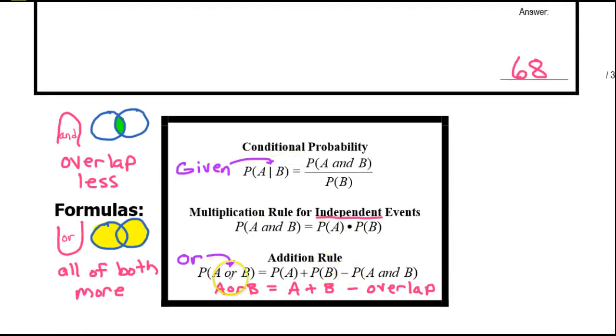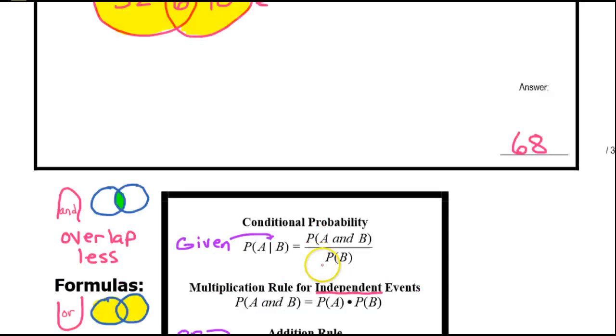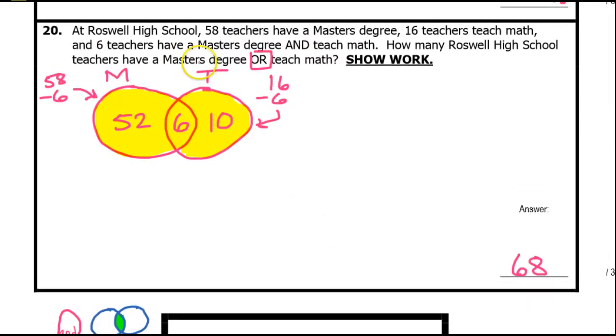The only thing that might have confused you is that this formula is set up for probabilities. See all these P's? But in the problem, probabilities are not mentioned. It doesn't tell you the total number of teachers at Roswell High School, so there's no way to calculate the actual probabilities.